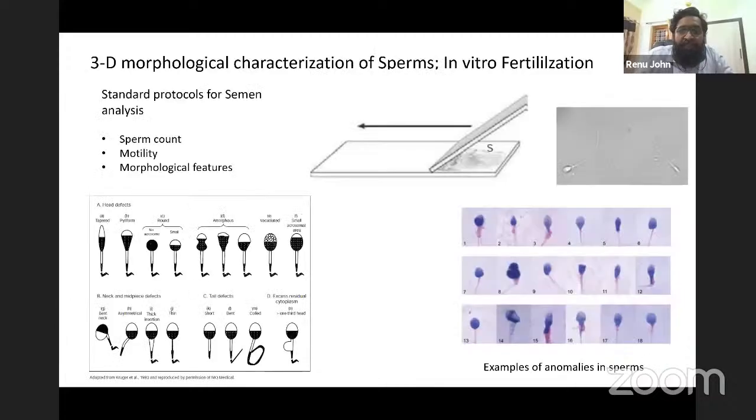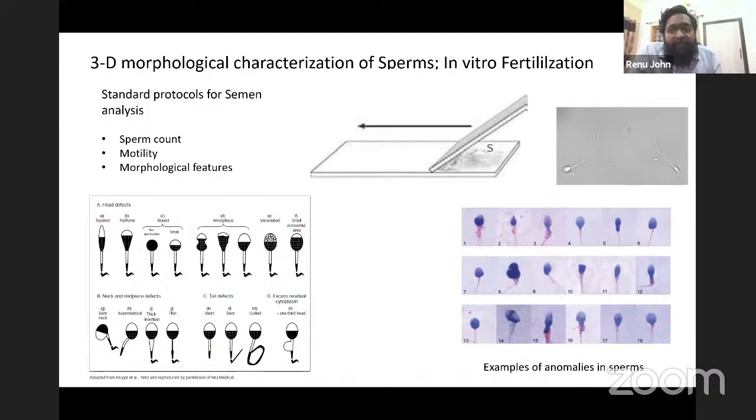One of the problems we wanted to look at is applications in in vitro fertilization. Typically, every IVF clinic has to characterize the semen or the sperms.